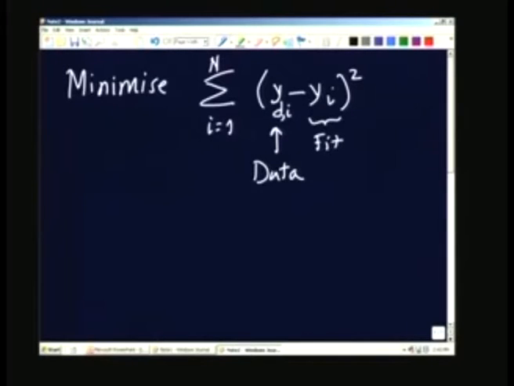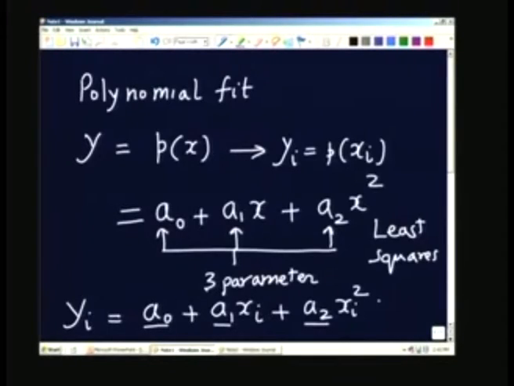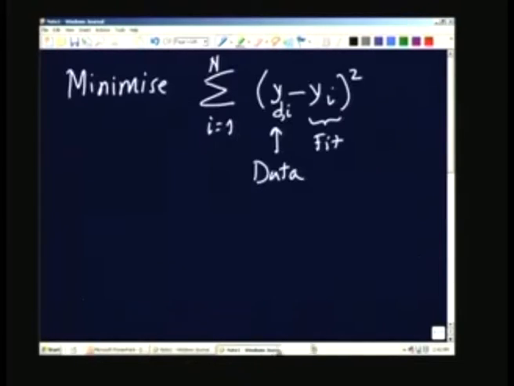And all I have to do is to substitute for yi the expression from the previous page. You see here we have yi equal to a naught plus a1 xi plus a2 xi squared. I just have to substitute here into this one.